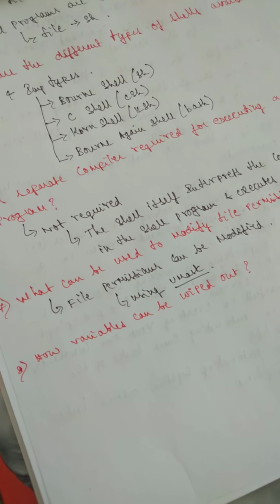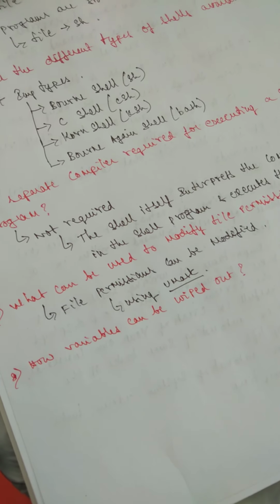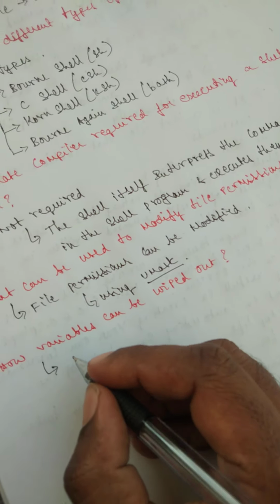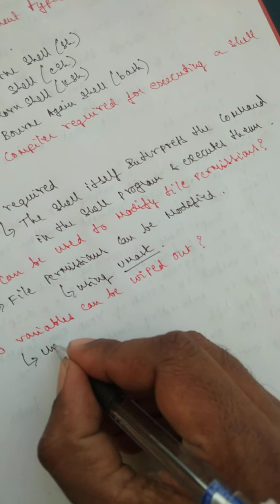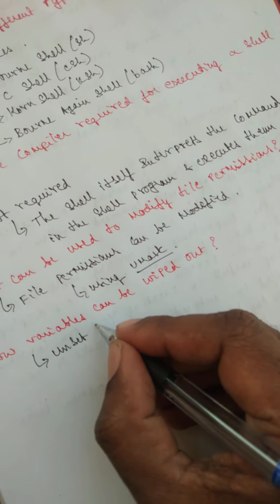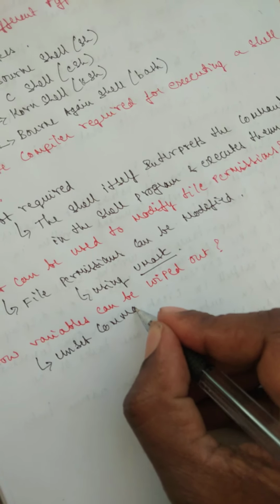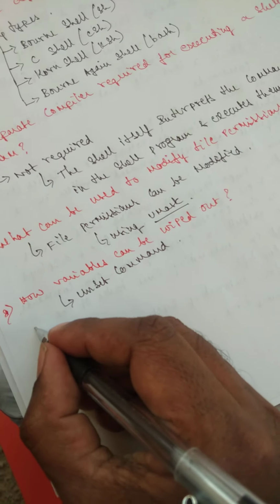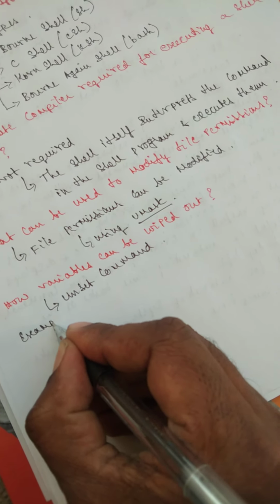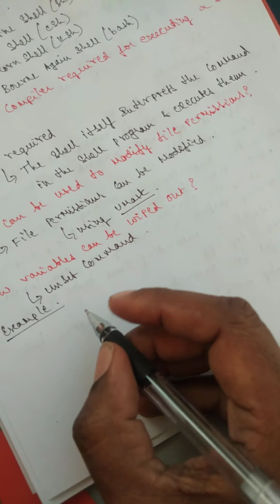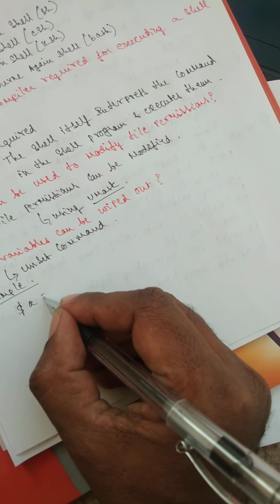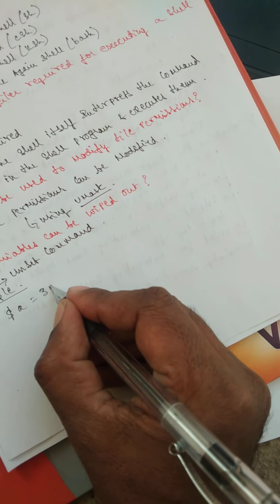Now the next question is, how can variables be wiped out? Variables can be wiped out by using the unset command. Now how do we understand this? Let us take up an example. Suppose in the shell script we set a value a is equal to 30.